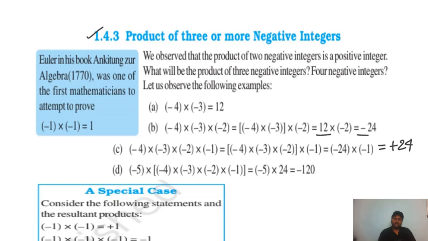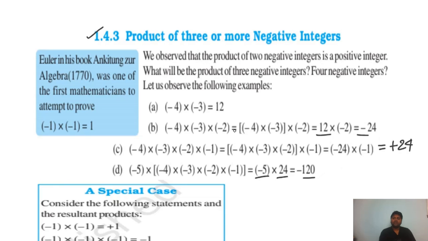Now take minus 5, minus 4, minus 3, minus 2, minus 1. Here the negative numbers are 5 in count. We previously multiplied minus 4 into minus 3 into minus 2 into minus 1 and got plus 24, and here we have the additional minus 5. So minus 5 into 24 is minus.